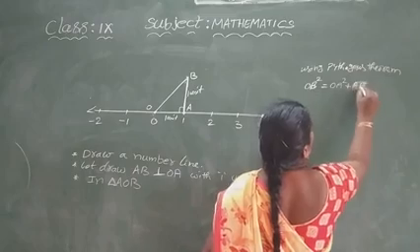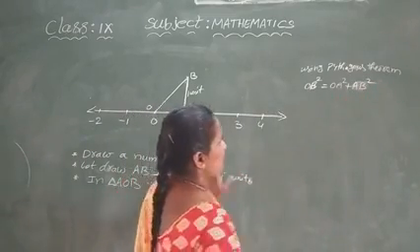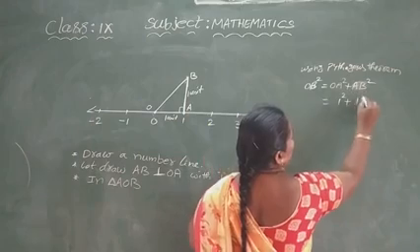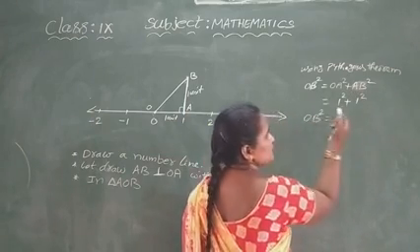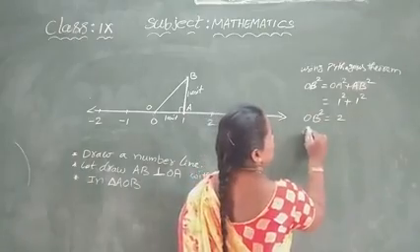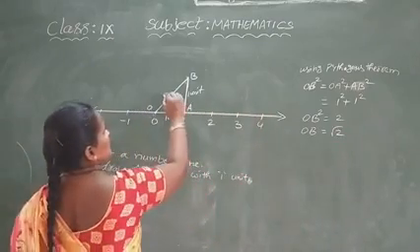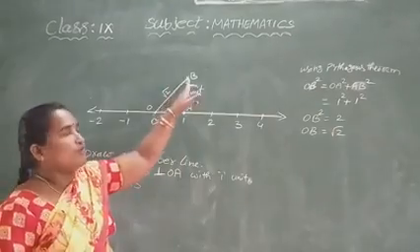OA is 1 unit and AB is 1 unit, so 1 square plus 1 square is 2. Then OB square is 2, so OB is equal to square root of 2. So OB value is square root 2.